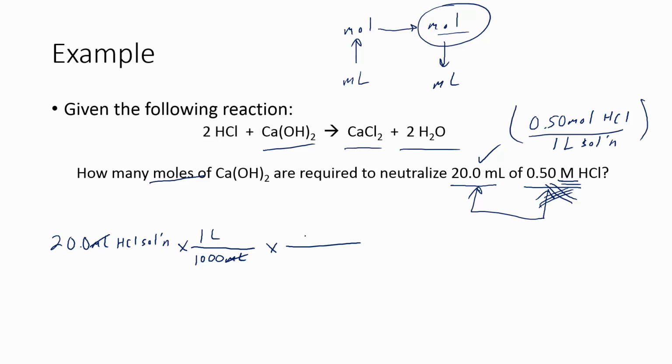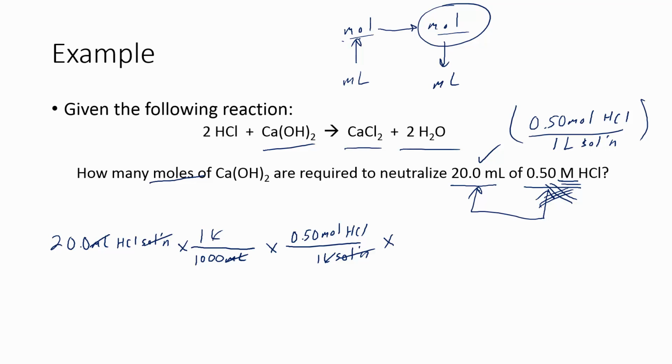So now I can use the molarity to go to moles. Liters and solution cancel out. And now I have 0.5 moles, so times 20 divided by 1,000. I have some number of moles of hydrochloric acid.